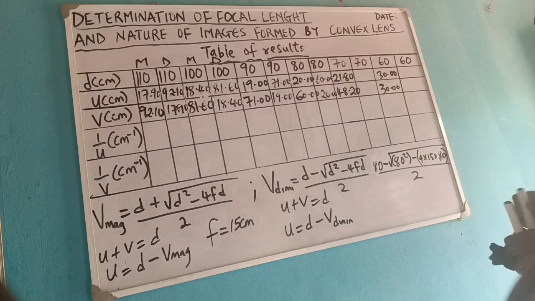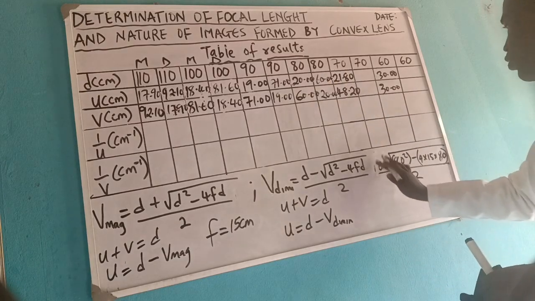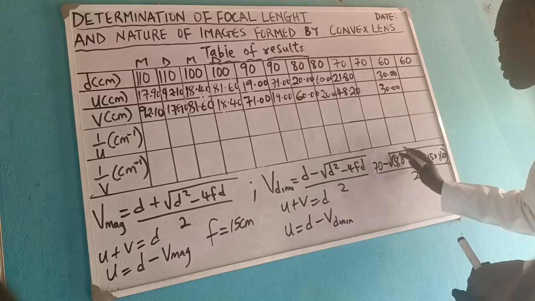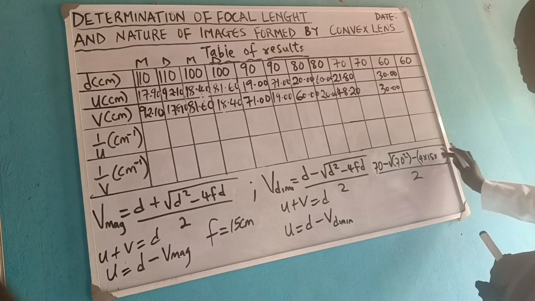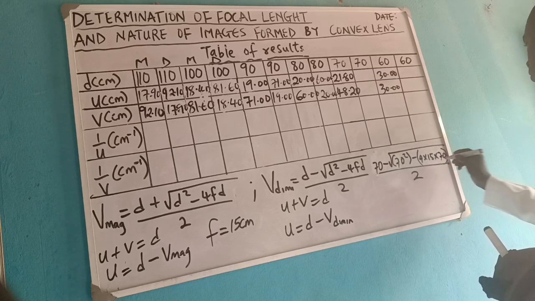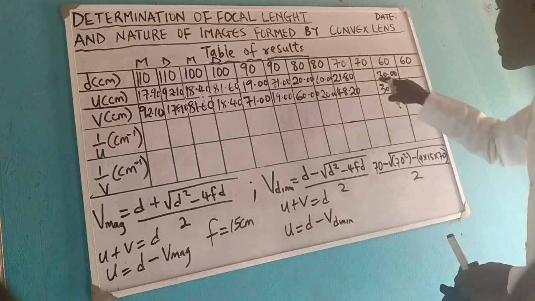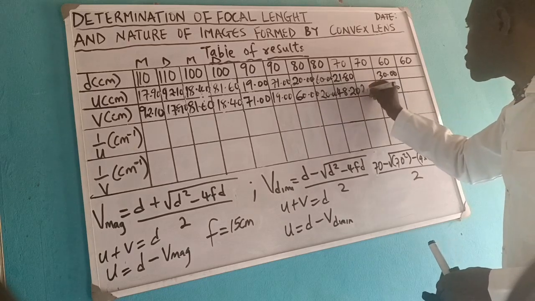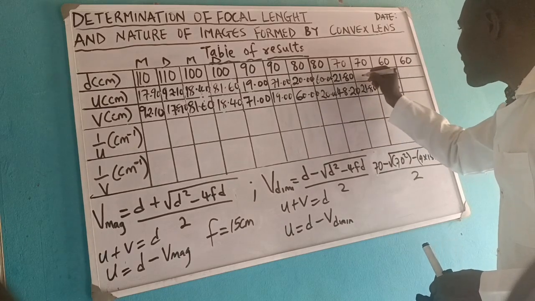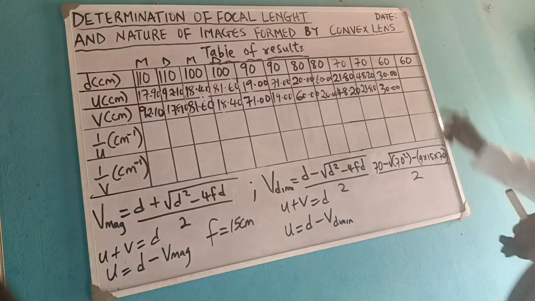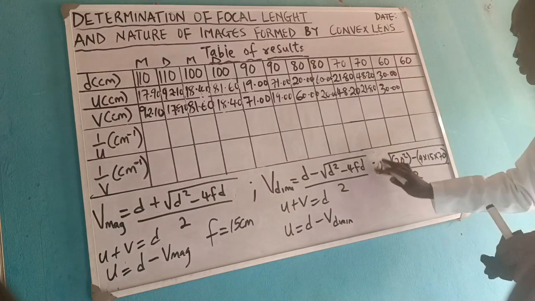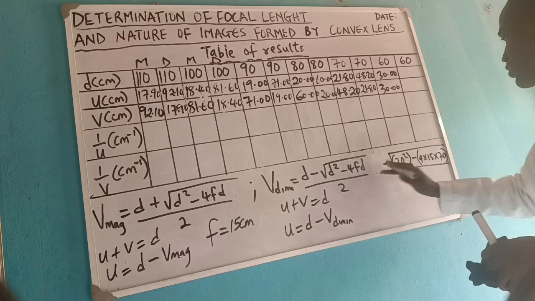We'll go for the one of 70. We'll write here 70, write here 70, and write here 70. We now say that for the 70, here will be 21.80 and here will be 48.20.